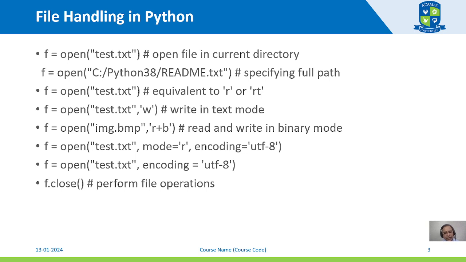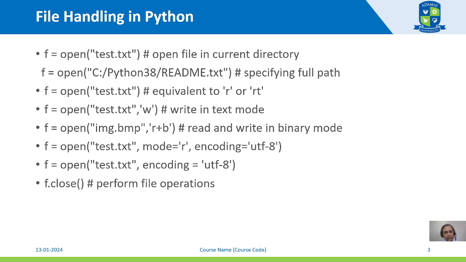Then again we can open a particular file, like we can see from this example test.txt, comma mode is equal to R, that is read mode, and encoding UTF, and it is a format of encoding, so we can open the file like this as well.